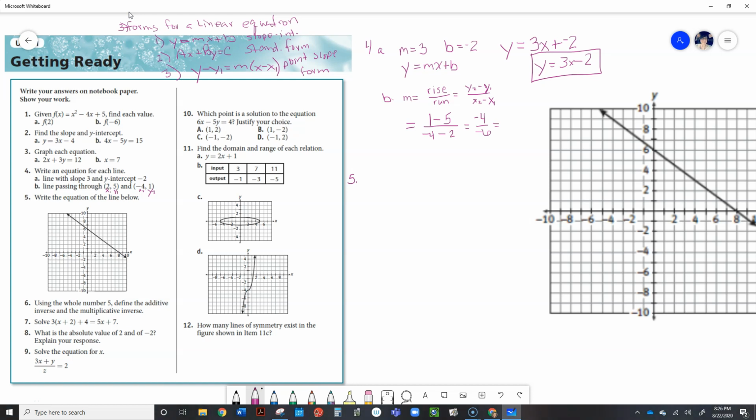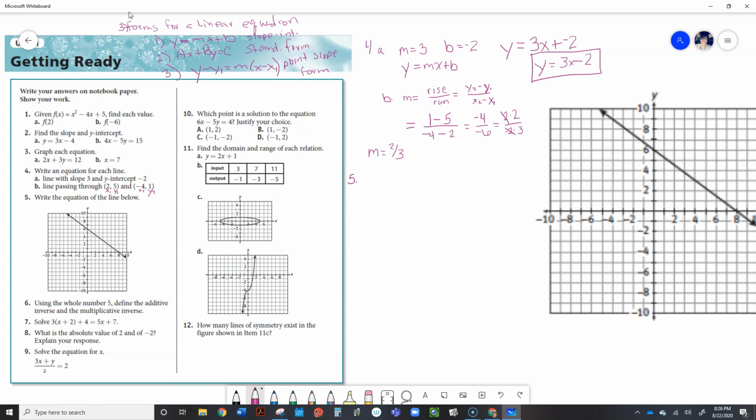And 4 over 6 will reduce down. I'm going to show why it reduces. We could even make those 2's right there be the negative. So the negative 2 will divide out with the negative 2, and it reduces down to 2 over 3. So the slope of that line is 2 over 3.